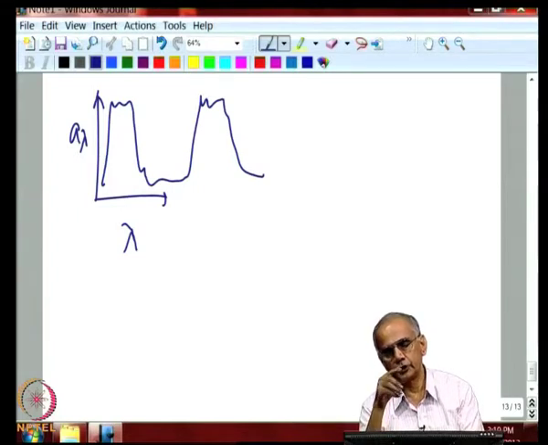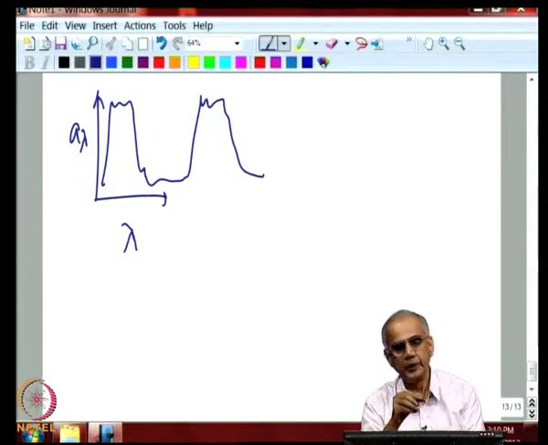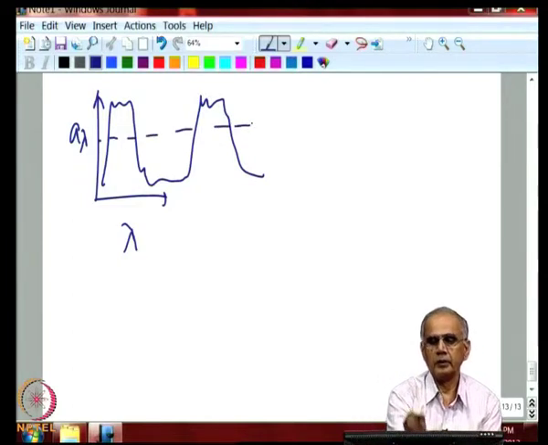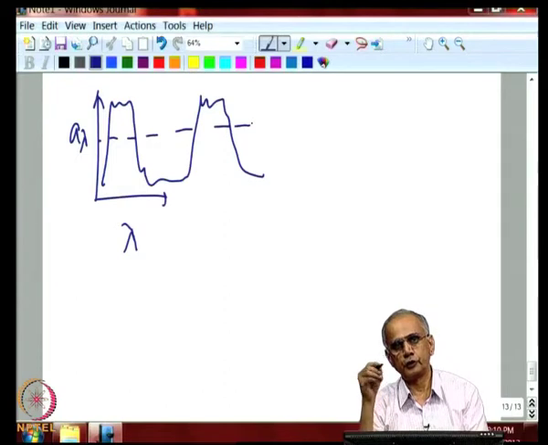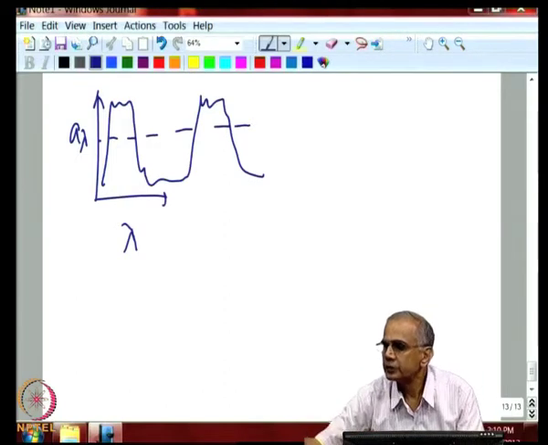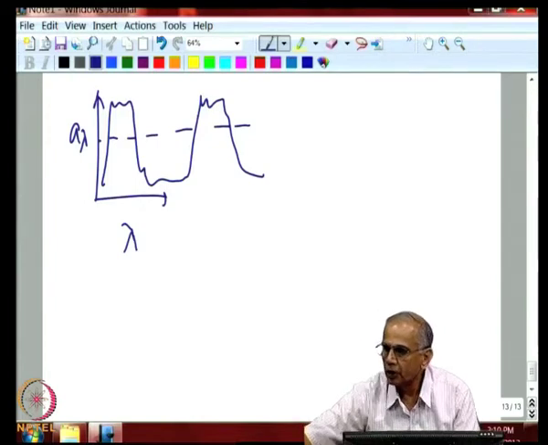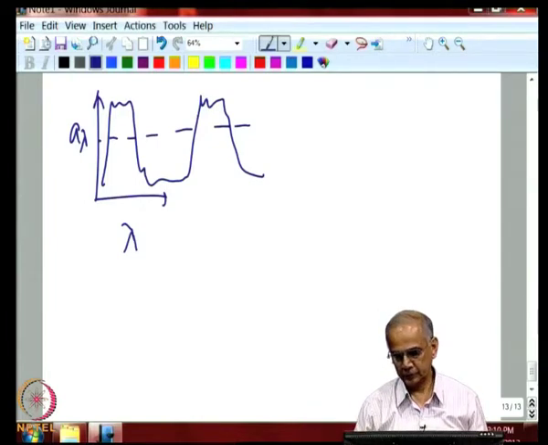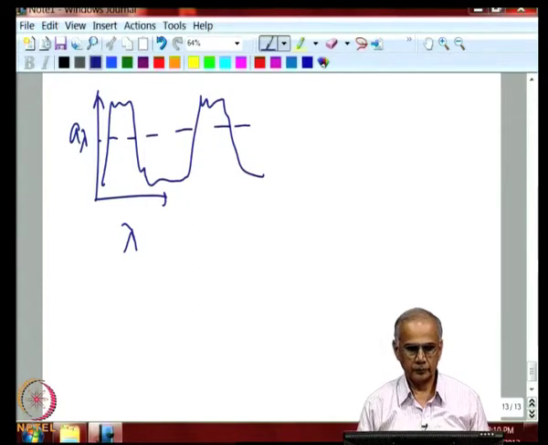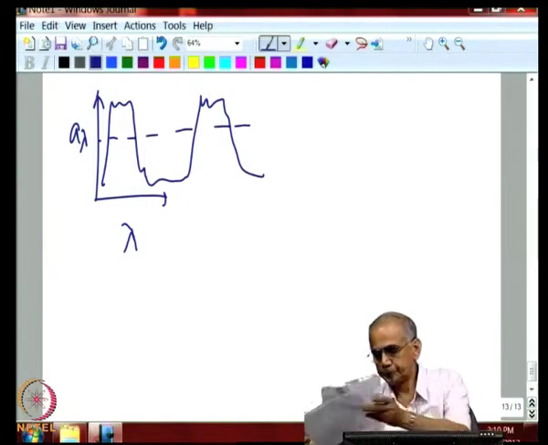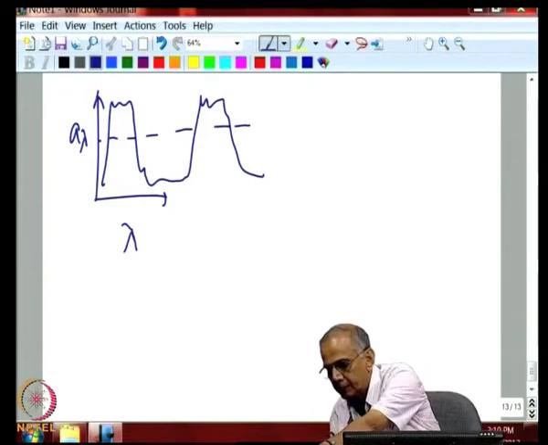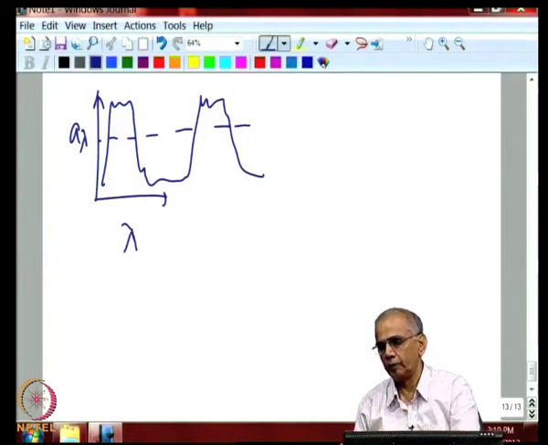So, for such a situation, it is rather difficult to define an appropriate mean absorption coefficient to solve the problem. So, it is better to recognize how to solve problems which are not gray. So, now we look at what I would call a simple non-gray model.